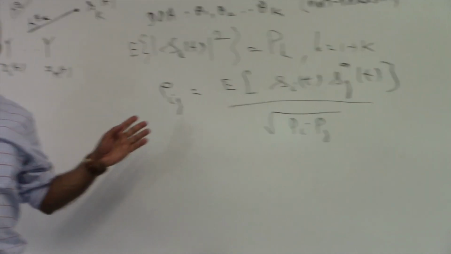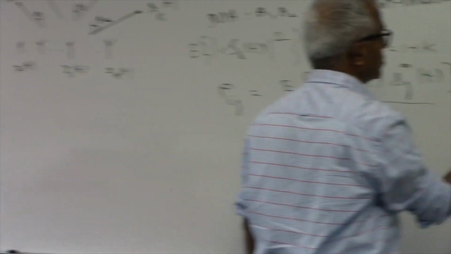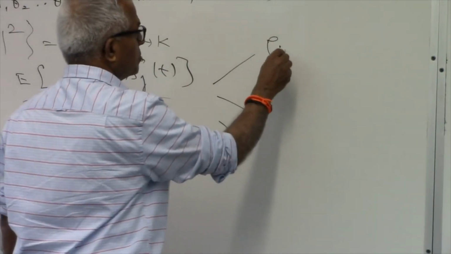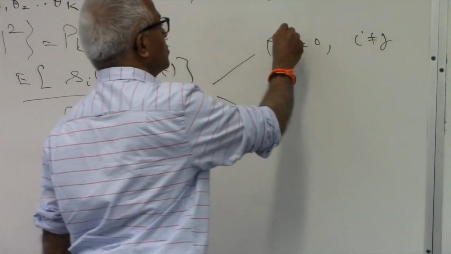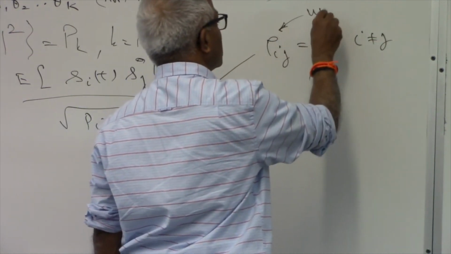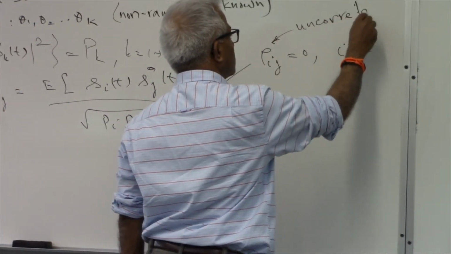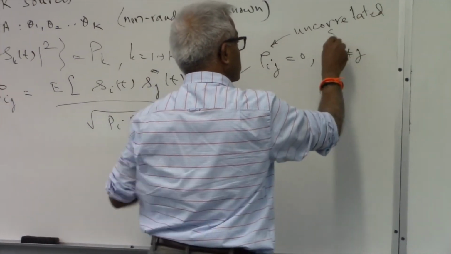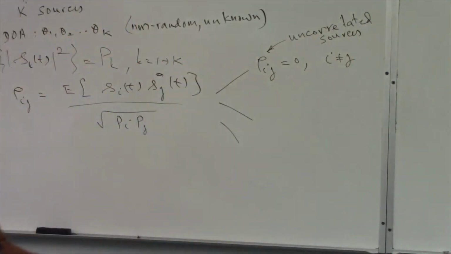Here we can have three different cases. So this is the uncorrelated case: the sources are not correlated with each other.